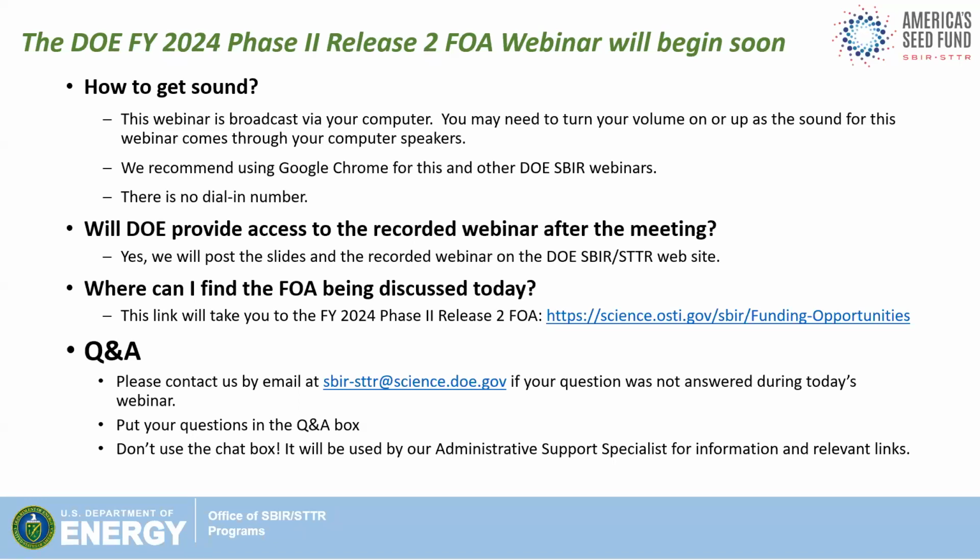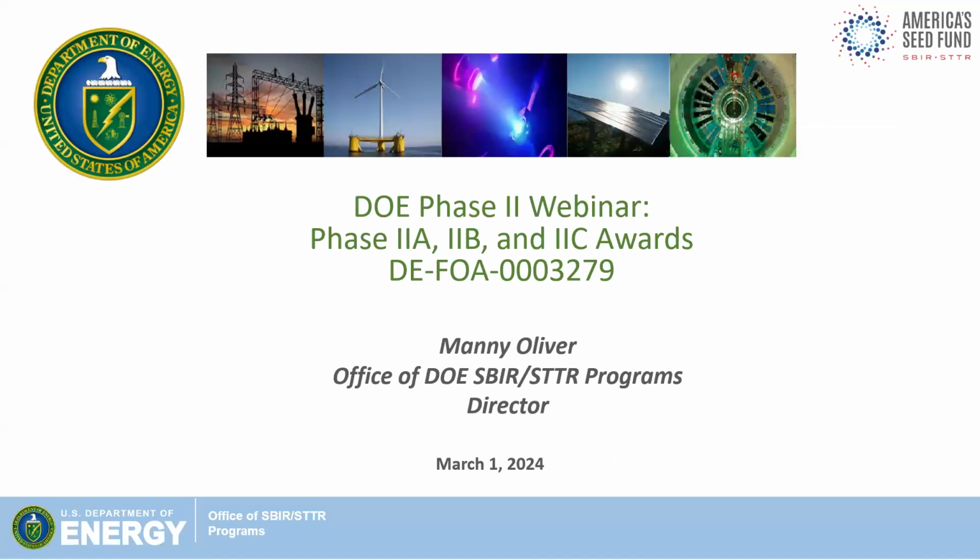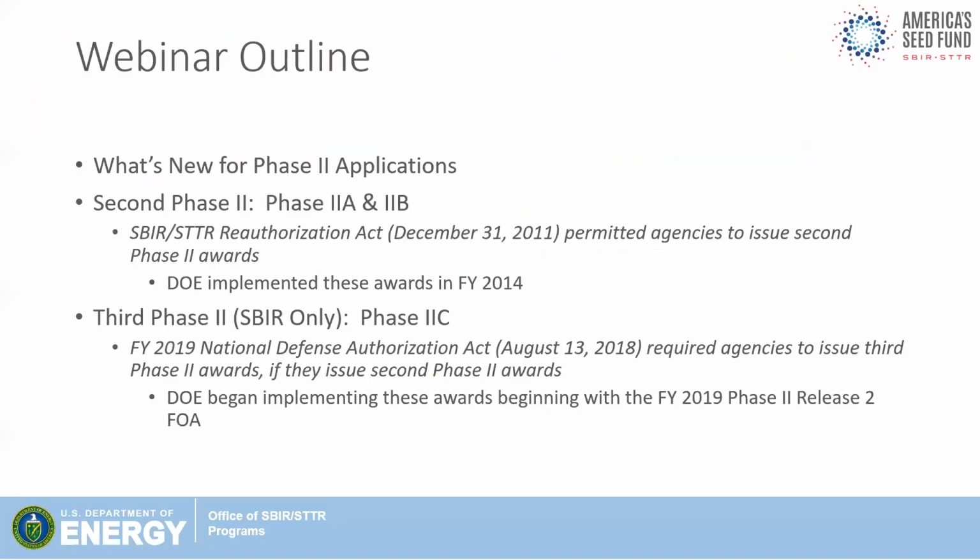All right, thanks, Zina, and welcome, everybody. Again, this webinar is about Phase 2, and specifically about Phase 2A, 2B, and 2C. I will be going through those awards, discussing them in a little more detail.